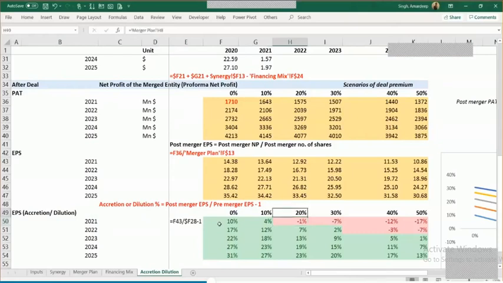So we would then see how this accretion or dilution is going to be impacted on account of this deal premium scenario. This is what I was starting with. When I started off my discussion, I mentioned that when you look at the final accretion dilution, you will be able to get insights around whether a price is justified or not.